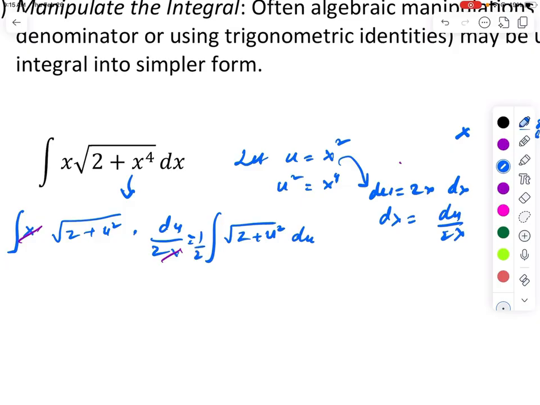Now this should look familiar. This will involve the trig substitution.